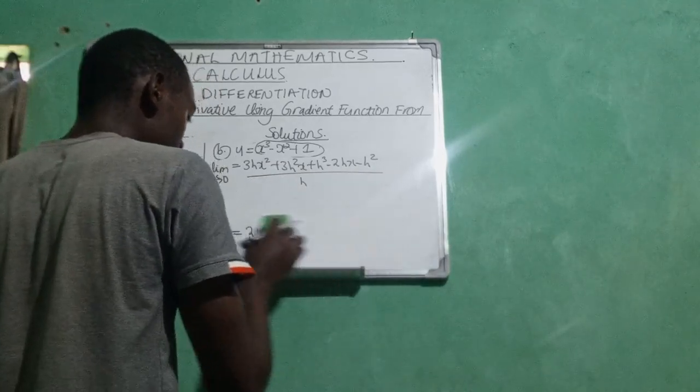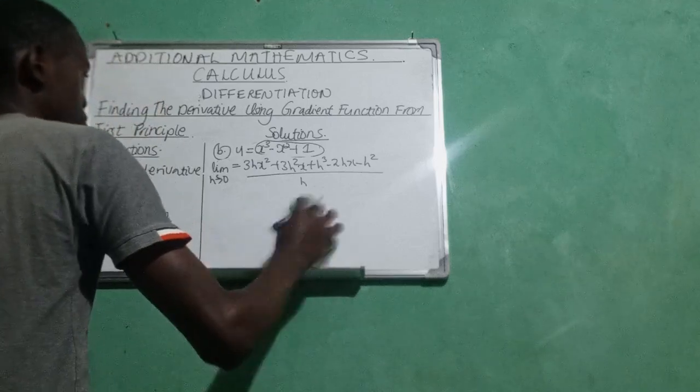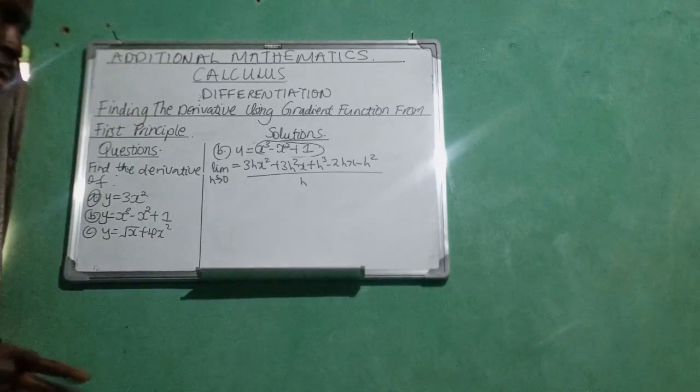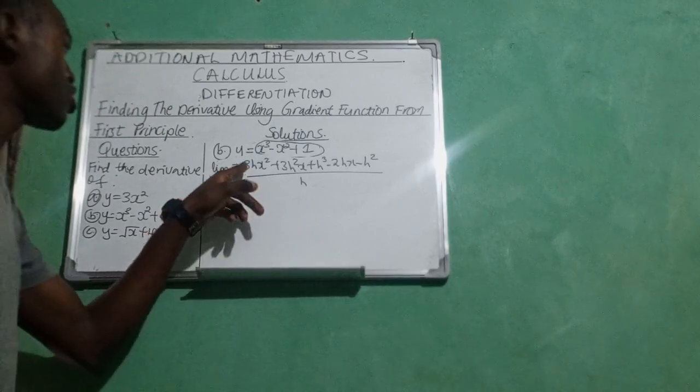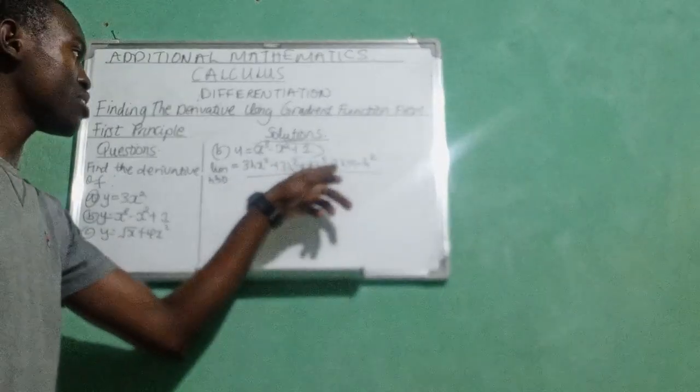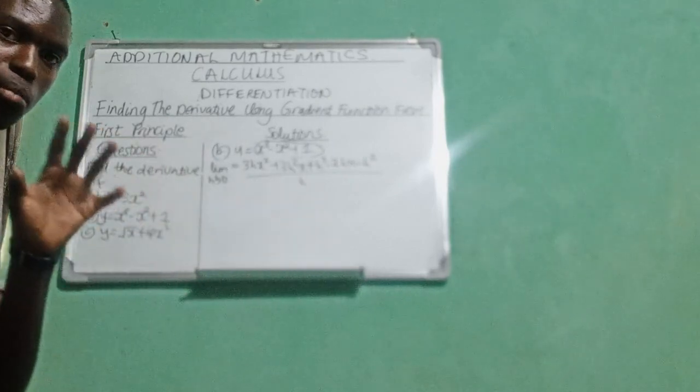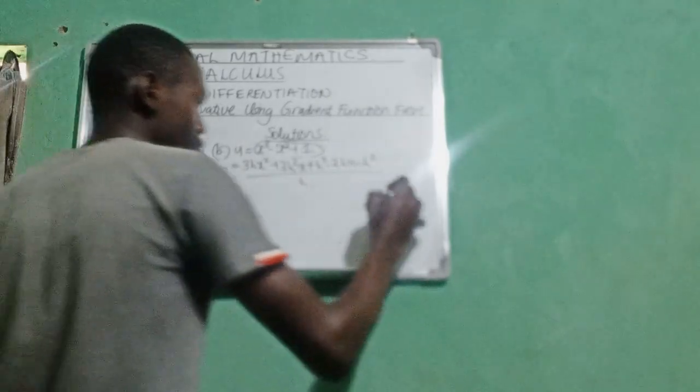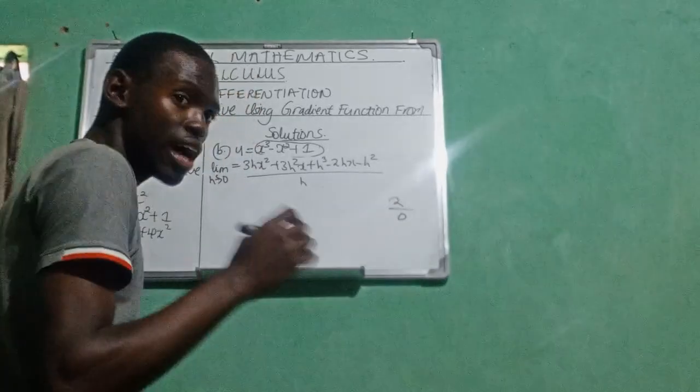The essence of what we do under first principles is we want every term to have h, so that we can divide by this h and get rid of it, because dividing by 0 is undefined.